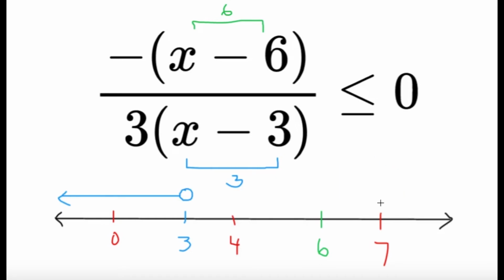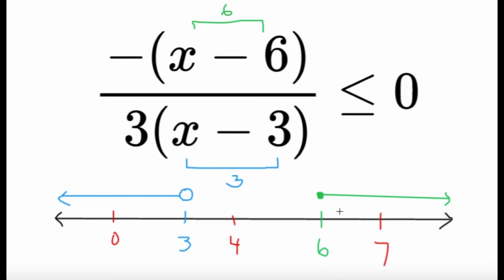Also, 6 works in this case, so 6 would have a solid circle to indicate that 6 is a solution, because if x equals 6, the numerator is 0, which is indeed less than or equal to 0, and values in region 3 are also going to satisfy. So this is how we solve a rational inequality, checking the signs, like what we do in polynomial inequalities as well.